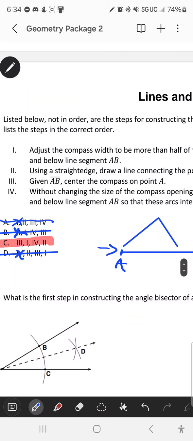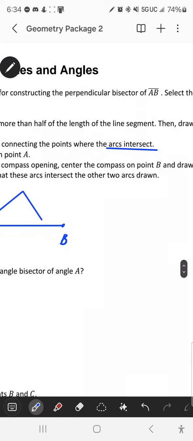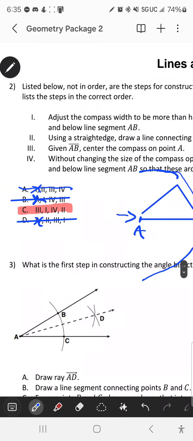Okay, perfect. Then draw an arc. So we're going to keep it like this, go down like that, and then go up, drawing an arc like this. Okay, that's 1. Then let's say 4.